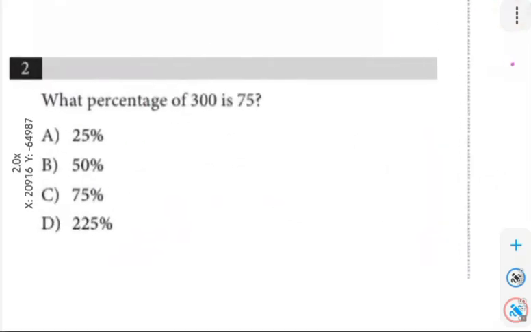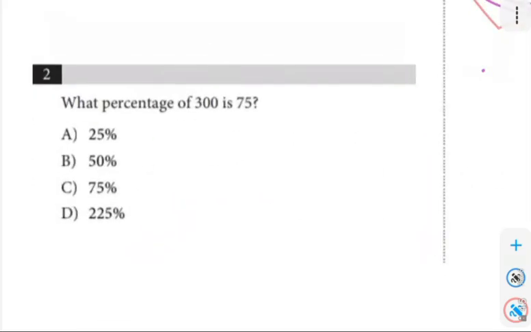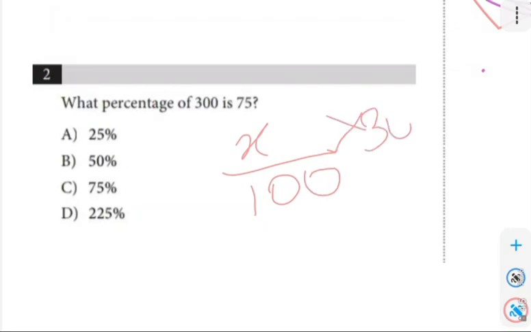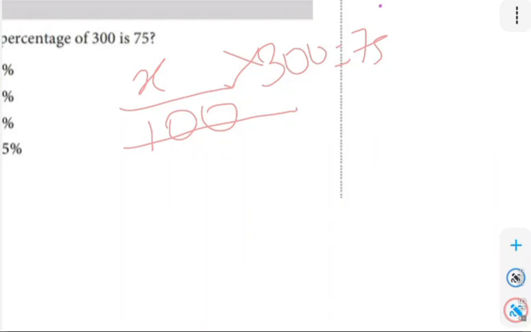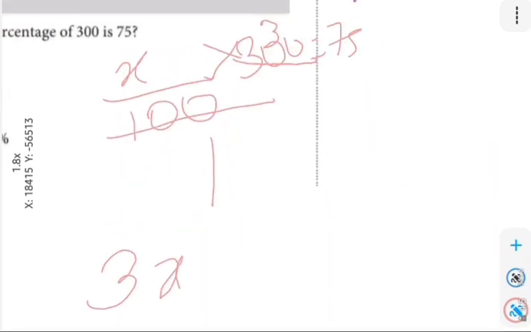So equals 35. Then if I say x upon 100 into 300 equals 75, and here 100 ones are 100 and 100 threes are 300, so we divide 100 by 300 and get 3x equals 75.